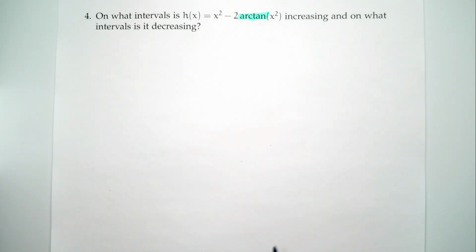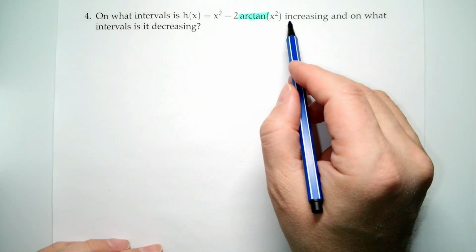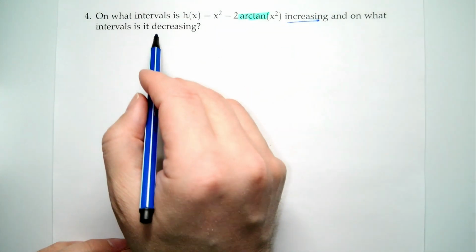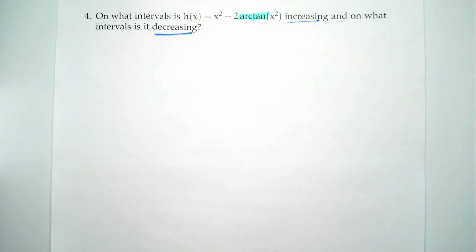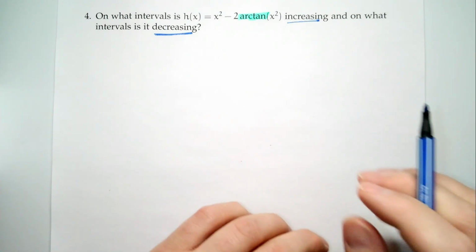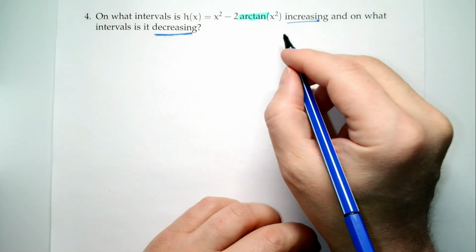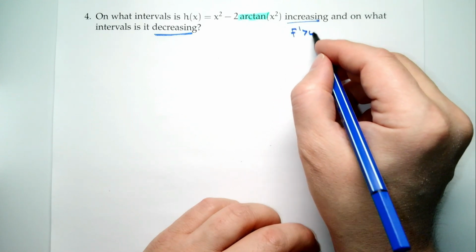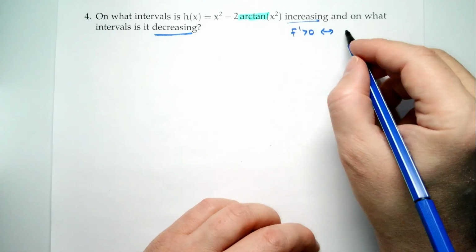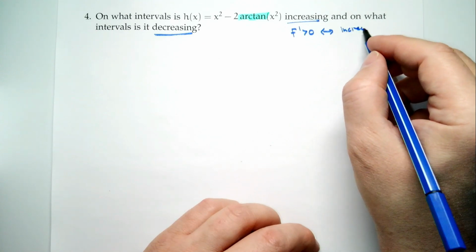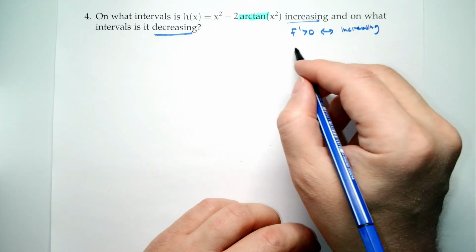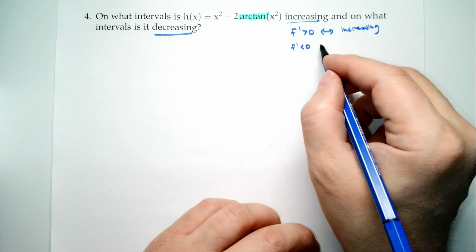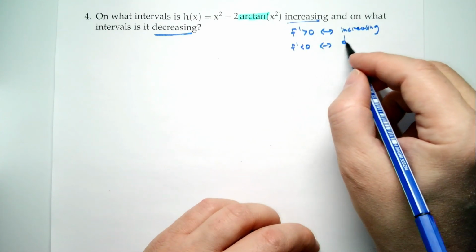All right. So, notice it's asking about increasing, decreasing. So, what gives us information about increasing, decreasing? The answer may not surprise you. It's the derivative. So, when the derivative is positive, we think of that as being increasing. And where the derivative is negative, we think about that as decreasing.